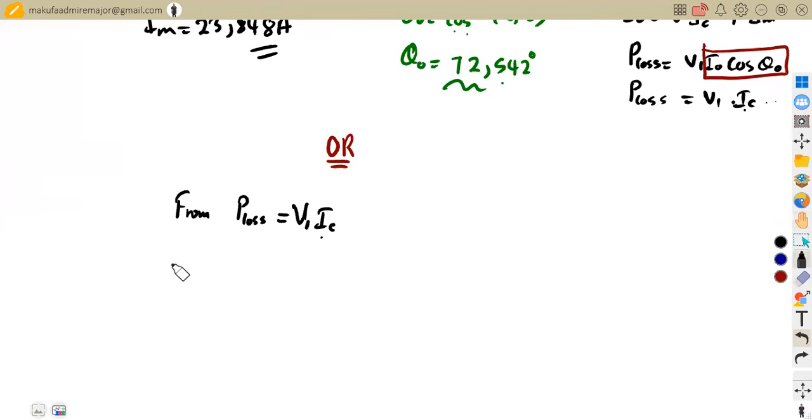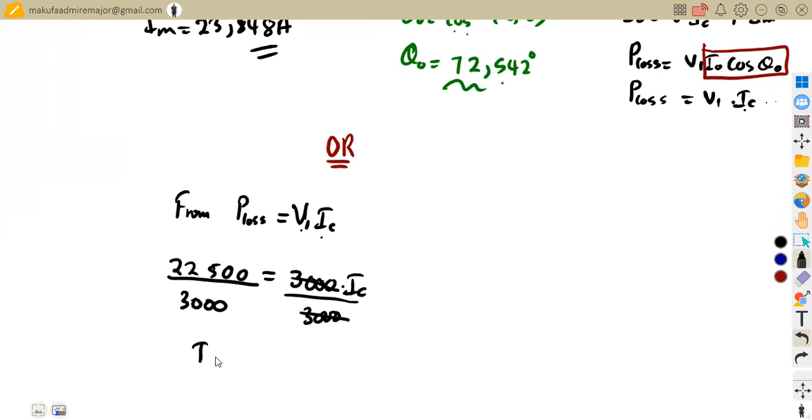So the power, 22,500, is equal to V1, which is 3,000 in this case, times IC, which is our core loss component. If we divide by 3,000 both sides, we obtain IC, which is 7.5 amps.